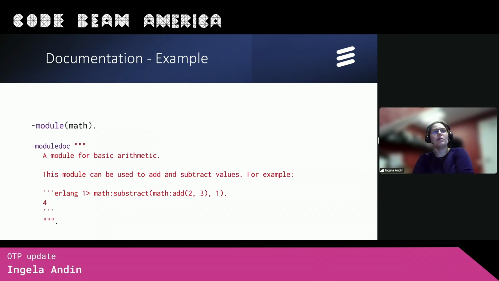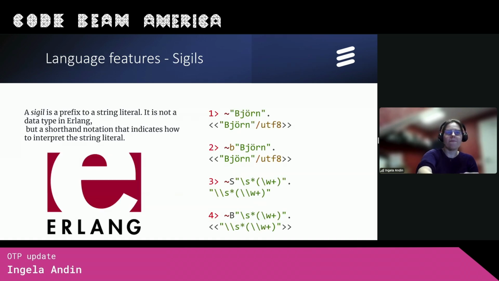And here's a small example of how API documentation could look like with our newly supported triple quoted strings to make it easy to write multi-line comments in the code. We also introduced some new sigils to facilitate writing documentation strings.